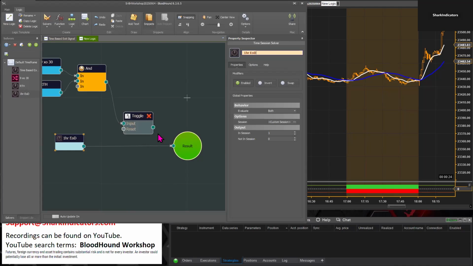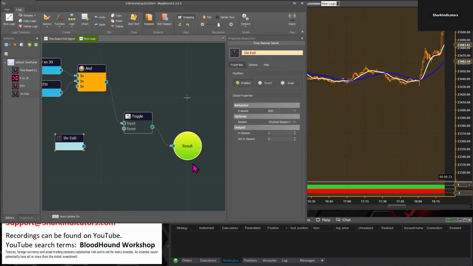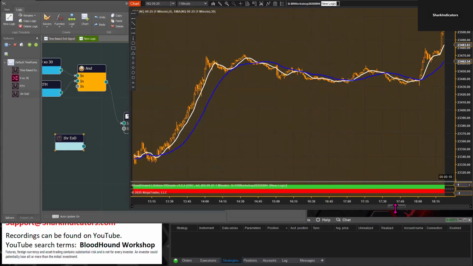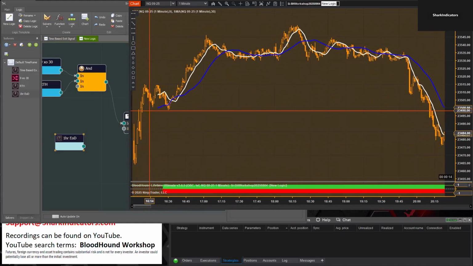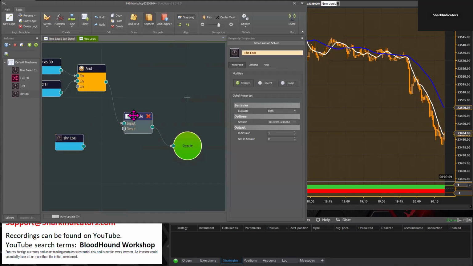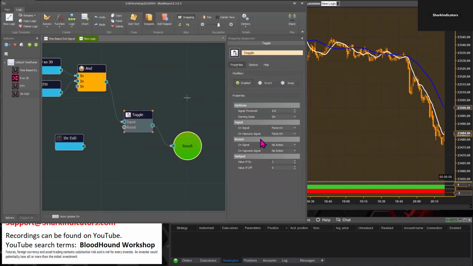So the toggle node right now, once it gets flipped on, if we go back to the beginning, it gets flipped on and it stays on permanently. Because if we look at the toggle node settings, all we have is force on, and there's nothing turning it off.